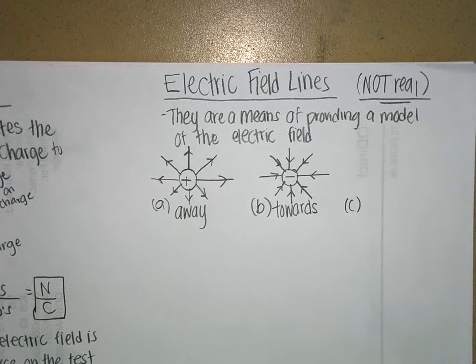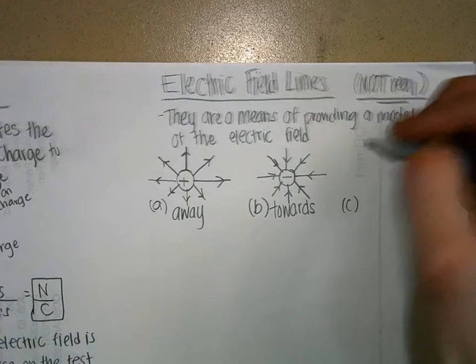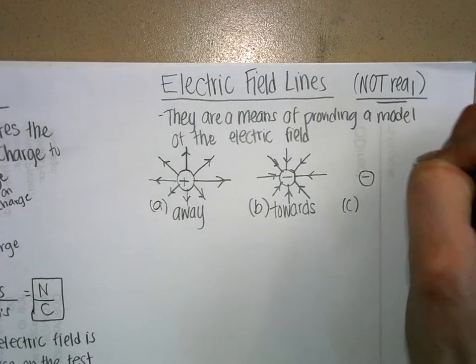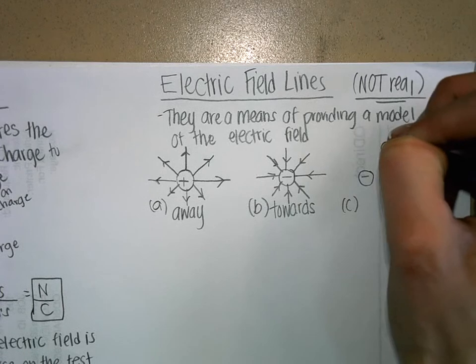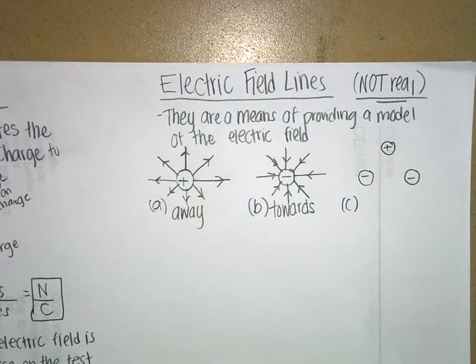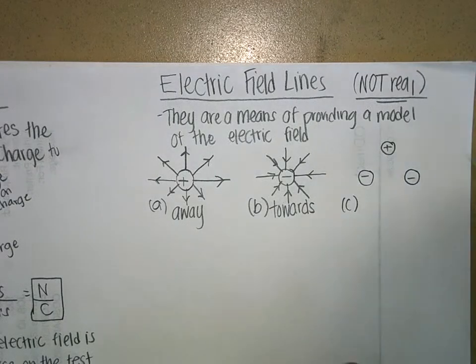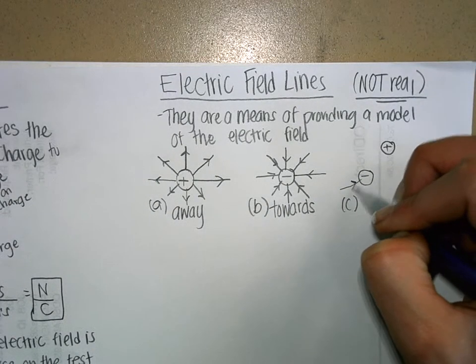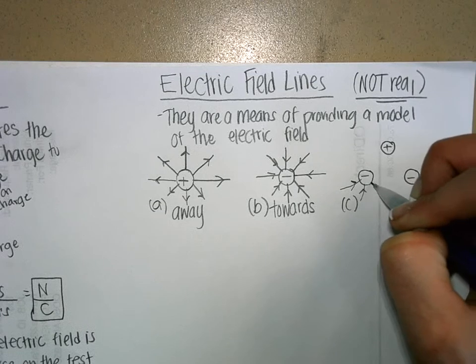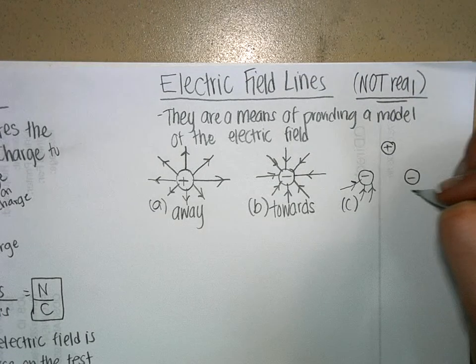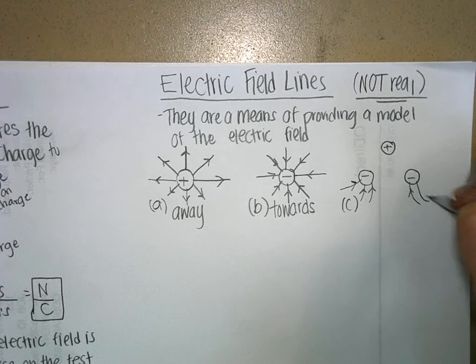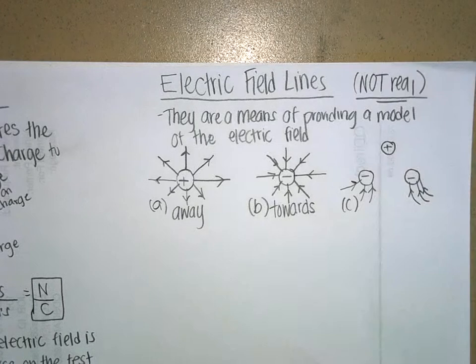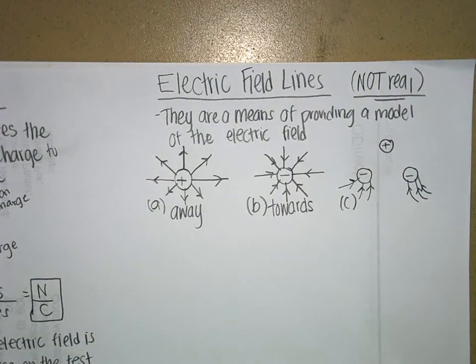So you can also do a mixture of charges. So I can have two negative charges and one positive charge. We're going to use the same rules as we did in examples A and B. So for the negative charge, the lines are drawn towards it. This is also in your book on page 485.